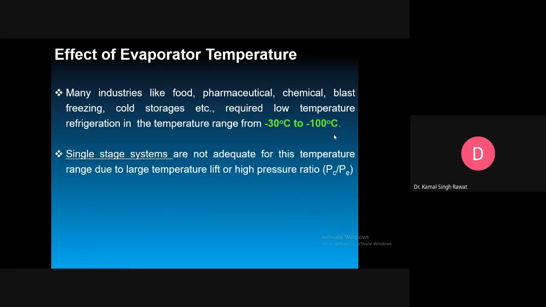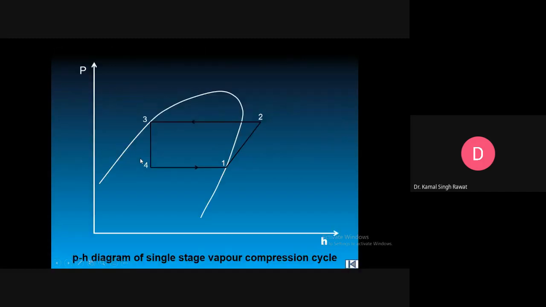In household applications, the refrigeration temperature required is 0 degrees centigrade or minus 5, minus 10 degrees centigrade. But for industry, for various applications, we require very low temperatures in the range of minus 30 to minus 100 degrees centigrade. And we know single stage systems are not adequate for this temperature range due to large temperature lift or high pressure ratio. We have already seen this.